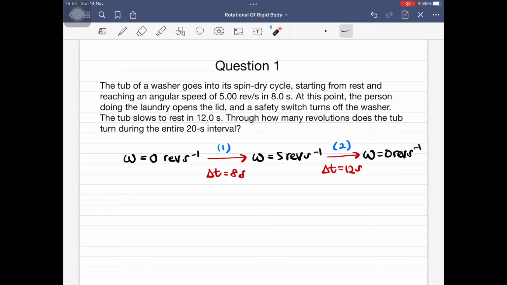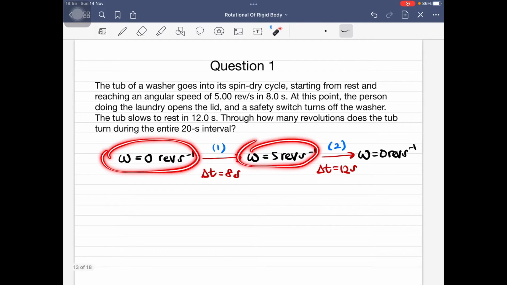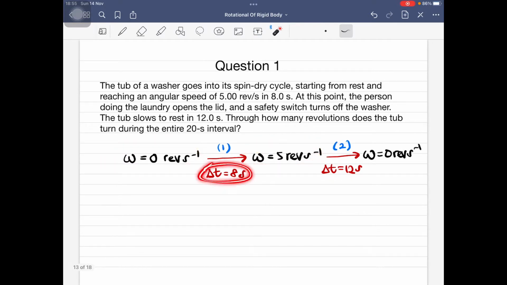Okay, so since kita ada omega, and this one I will call as initial, and this one is final, and then we have t, which means kita boleh gunakan equation omega final is equal to omega initial plus alpha, your angular acceleration, times t. So this one I'm going to put as number 1.